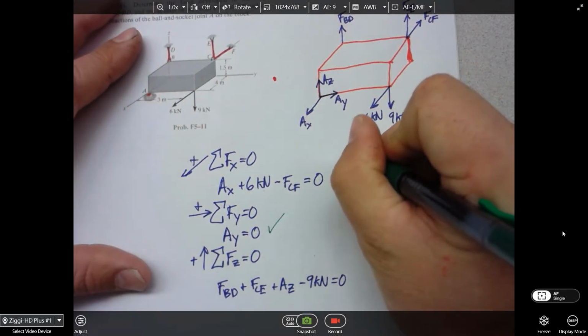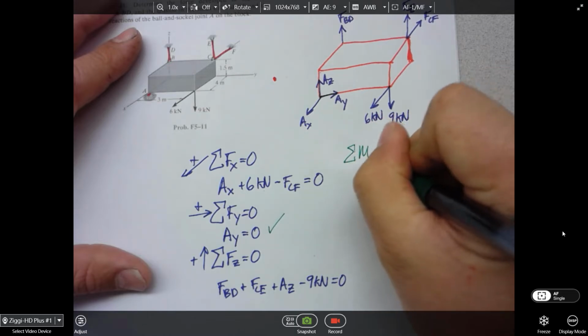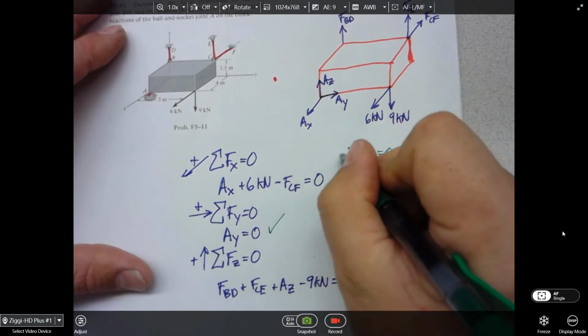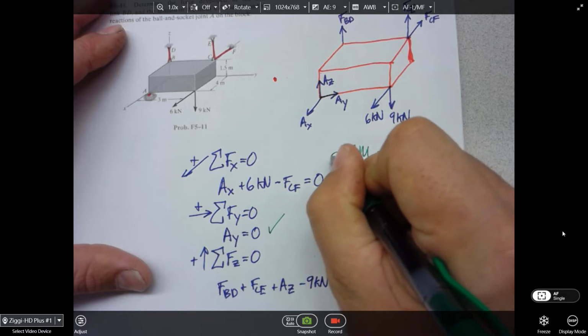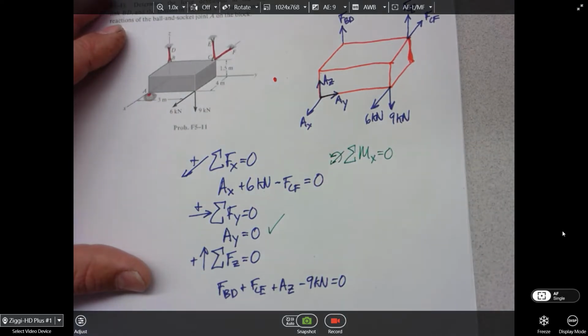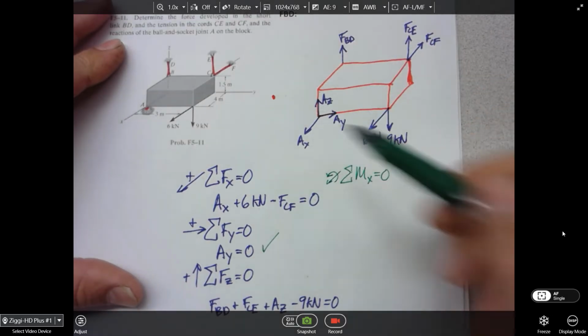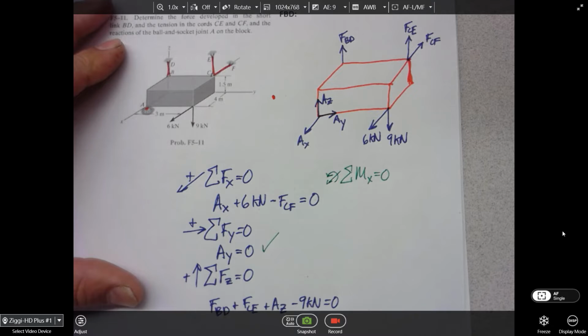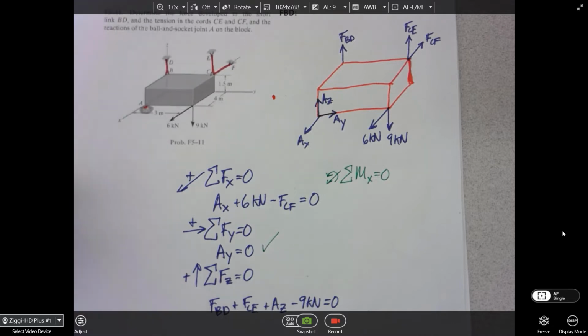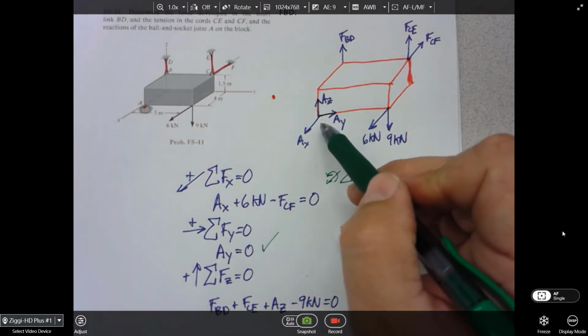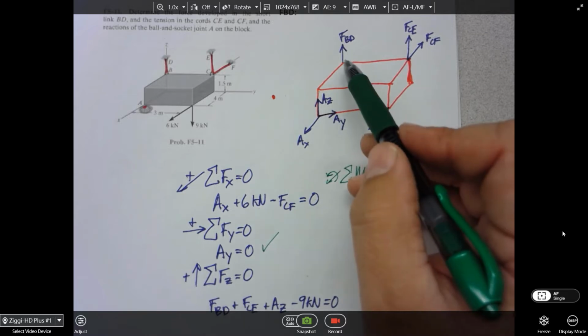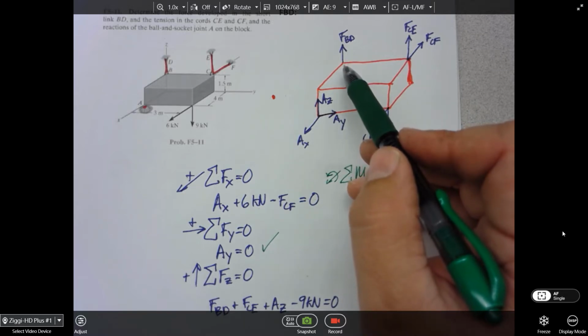Let's do the moments. Sum of the moments about the x-axis has to be equal to 0. So I like to draw a little arrow and then the curly for what direction's positive. Okay. So do FBD, AZ, AY, or AX cause any moment about the x-axis? None of the A's, because A is on the x-axis, right? FBD goes through the x-axis, right?